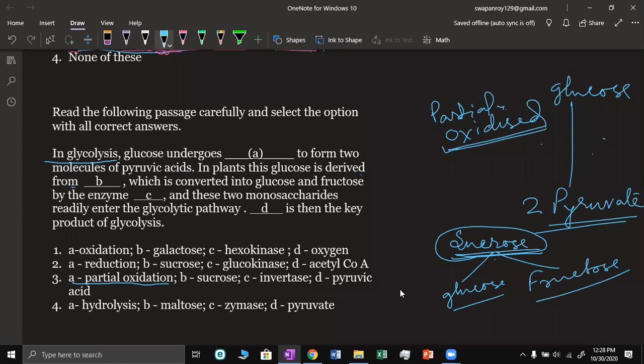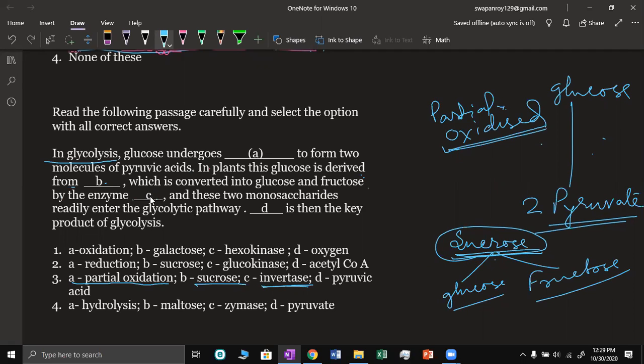Okay, so in plants glucose is derived from B, which should be sucrose, and these two monosaccharides are formed by the enzyme C, the enzyme invertase. This is the enzyme which breaks down the disaccharides.